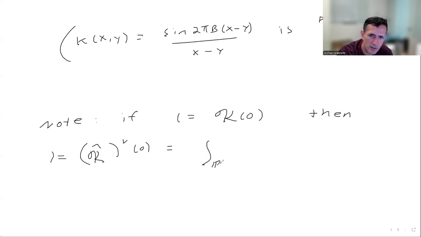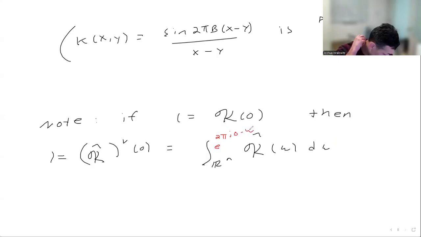It would be like e to the 2πi 0 times omega, which is of course 1. I'm plugging in 0, so it's silly to even write this. So if this is non-negative almost everywhere, the integral is 1. That implies this is a probability distribution.